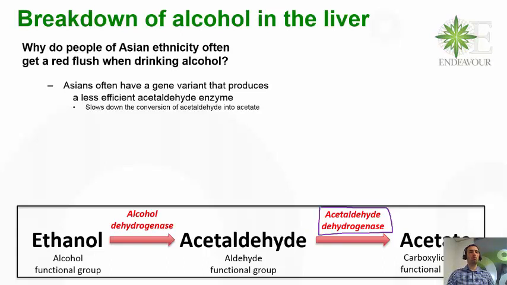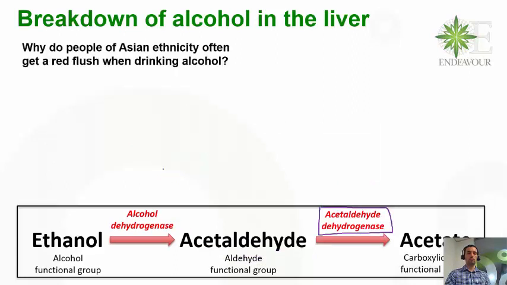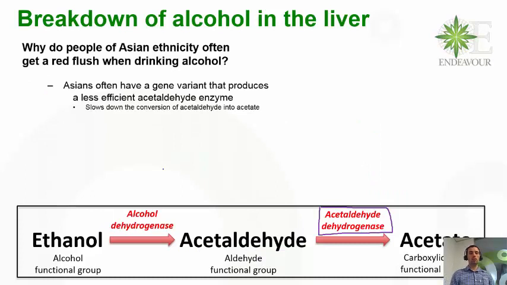So can you think of what one of the consequences of this might be? Well, essentially it means they're going to be getting more of these problems with acetaldehyde build up more quickly. So they're more prone to headaches and dehydration, also nausea and vomiting. So because the acetaldehyde will build up more quickly in these individuals, they can't drink as much before they're going to feel these symptoms.